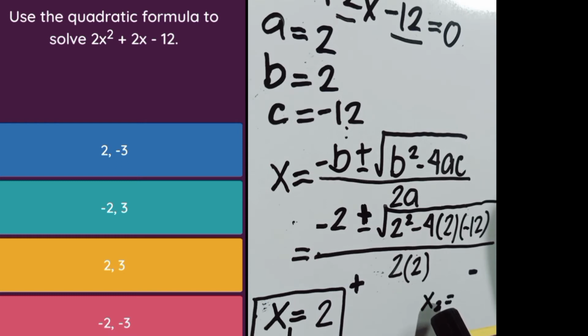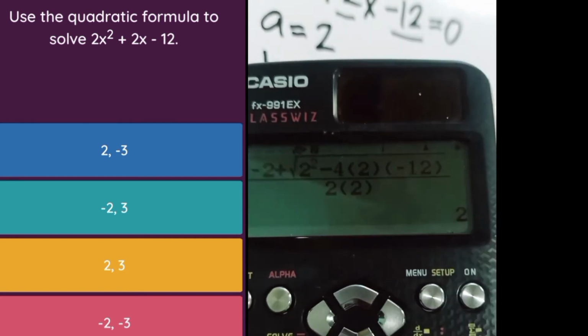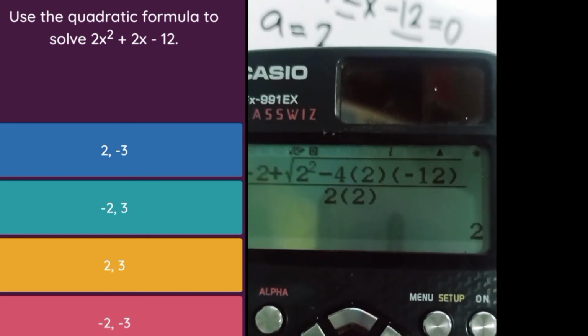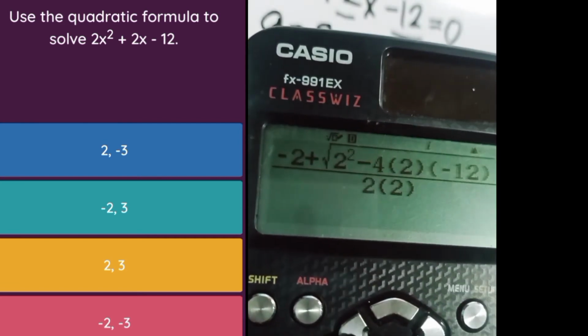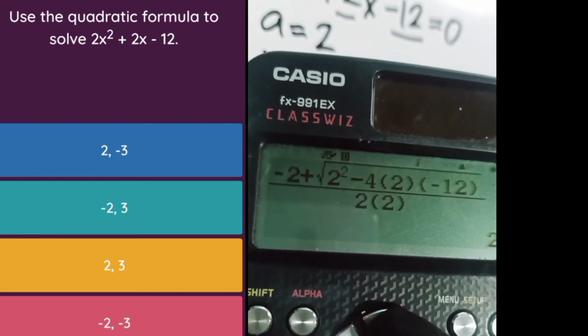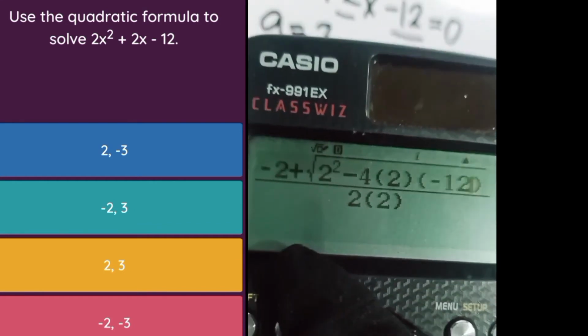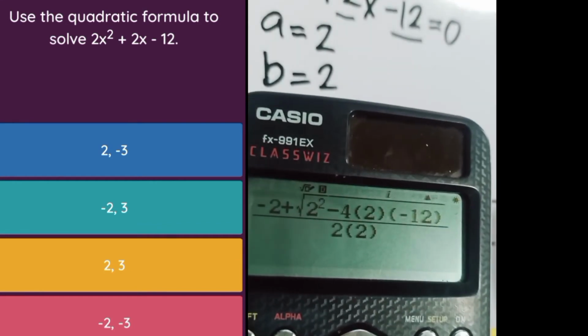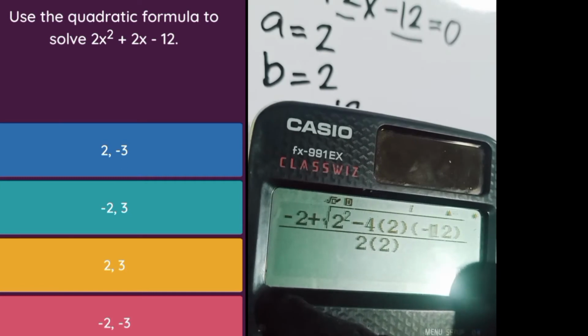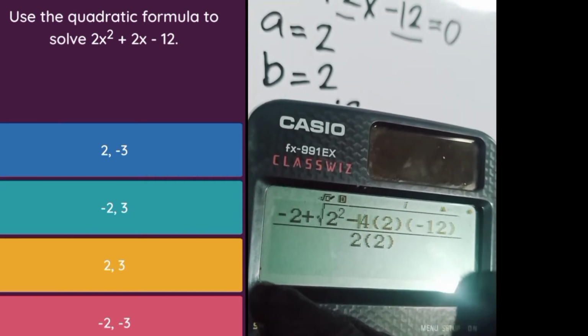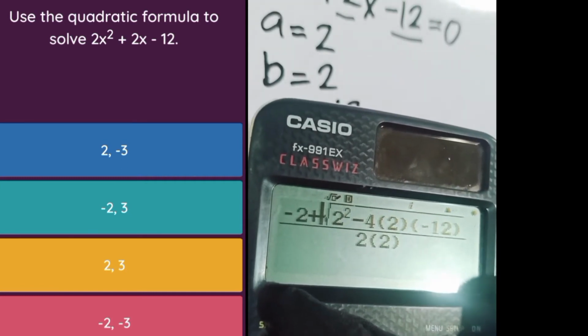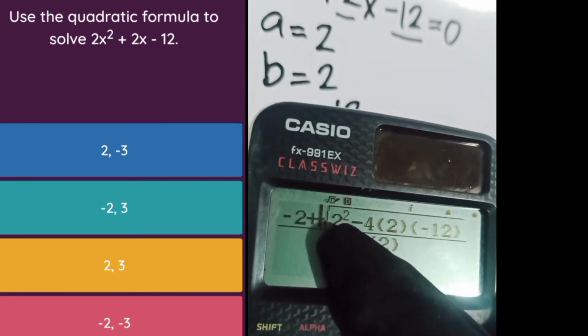Okay, so let's make use again of our scientific calculator. So we have it already in there. What you're gonna do is don't delete everything. Rather, we just change the plus sign there with the minus sign. So we have to press the arrow up of our scientific calculator, so we move our cursor there.